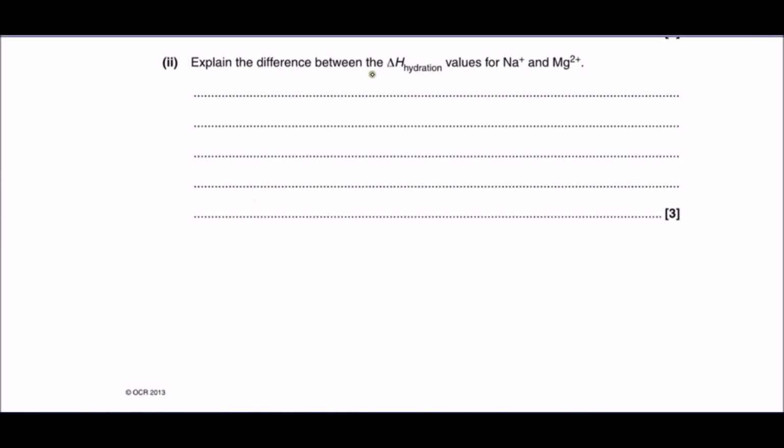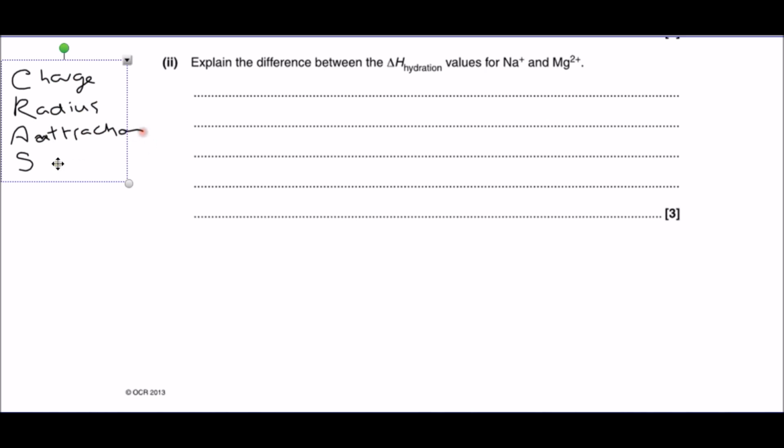And then we're looking at the difference between the hydration values. So if you remember how to do this, it's CRAS. So we've got charge, radius, attraction, and size of enthalpy change. Okay, so let's look at how we'd write that.